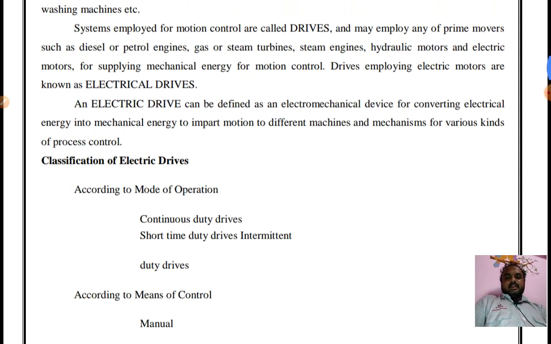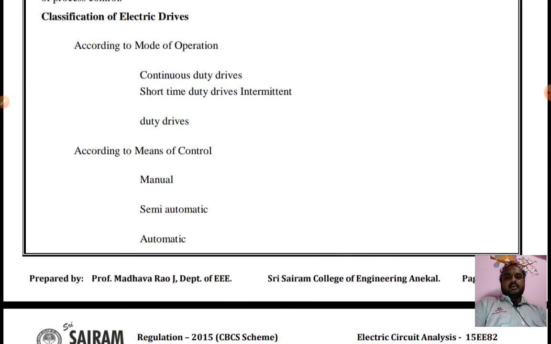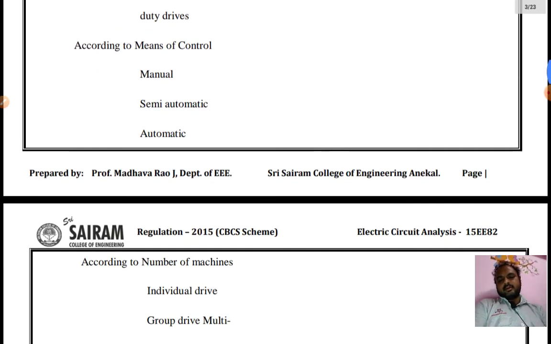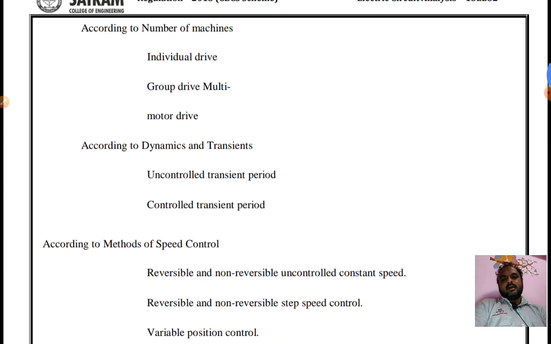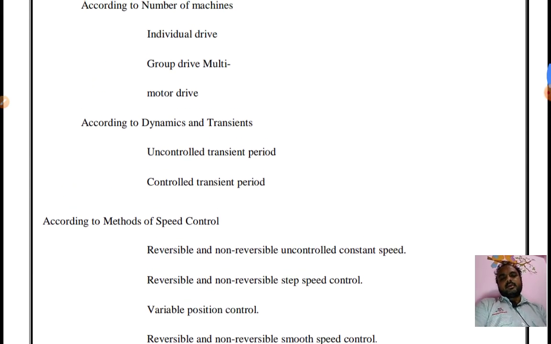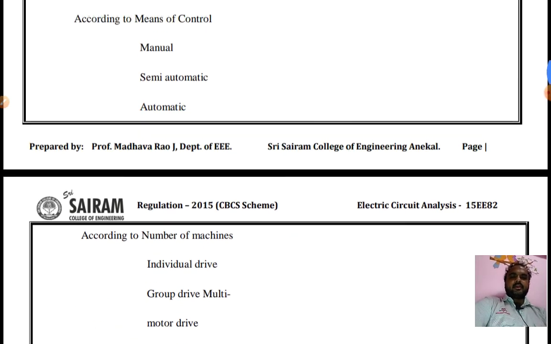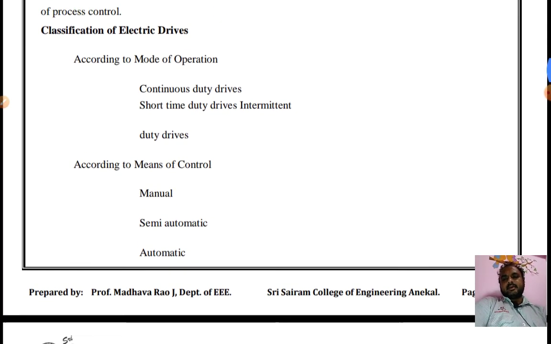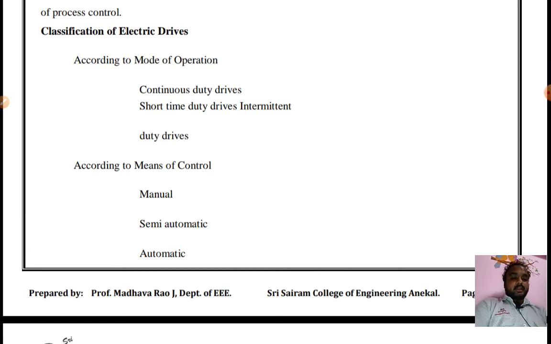Next we will see the classification of electric drives: according to mode of operation, according to means of control, according to number of machines, according to dynamics and transients, and according to method of speed control. So these drives are classified in different ways. According to mode of operation, there are continuous duty drives, used especially in rolling and cement mills.